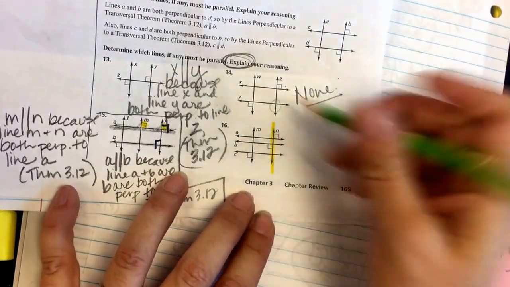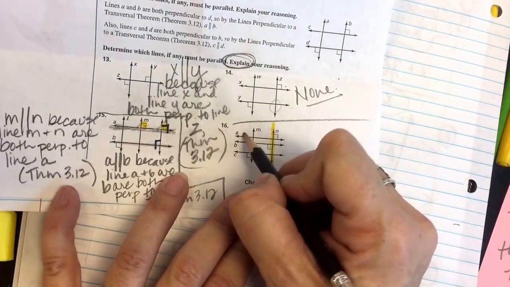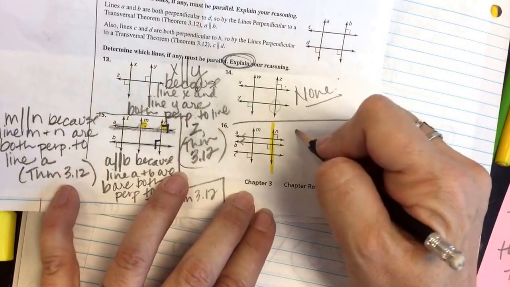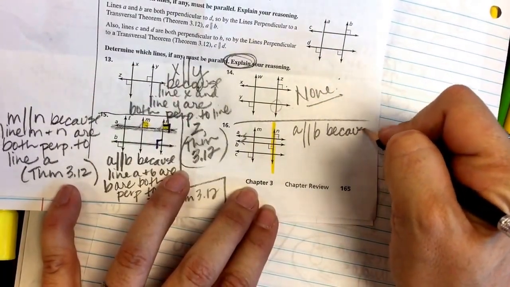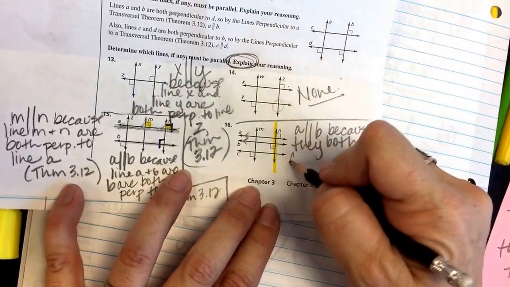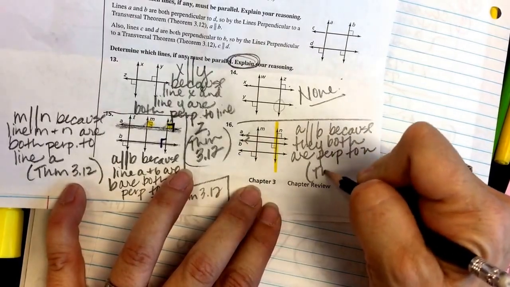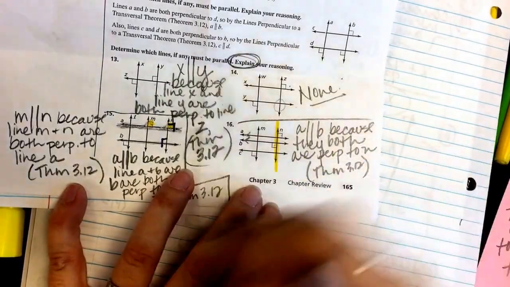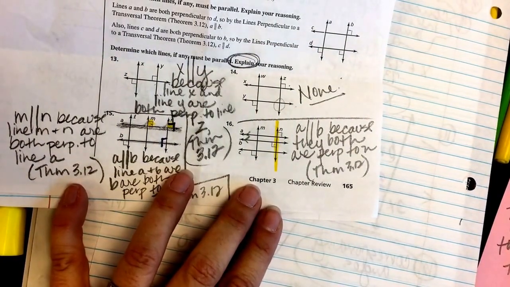So A and B, in this case, N intersects both A and B at right angles. So A is parallel to B because they both are perpendicular to N. And again, theorem 3.12, all over again. In a plane, if two lines are perpendicular to the same line, then they're parallel to each other.